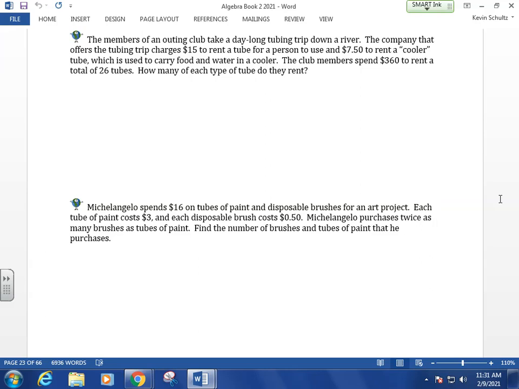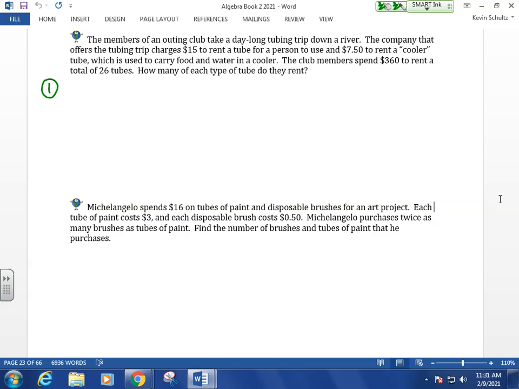How many of each tube do they rent? Why does this require a system? What about this question tells you it's going to be a system? Gabby? There are two variables here, right? You've got two types of tubes. The question isn't how many tubes, it's how many of each type, and there are two types.